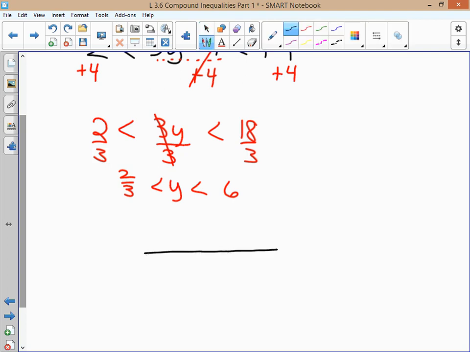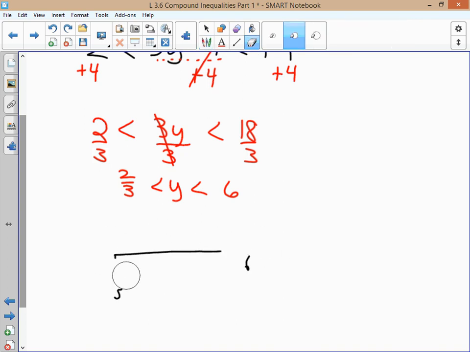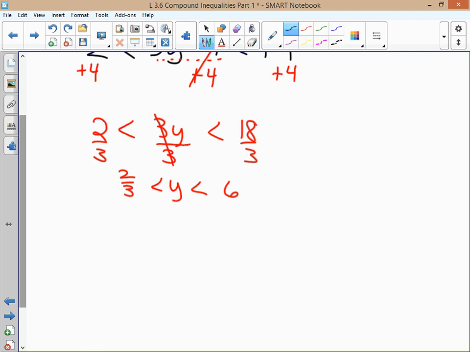Again, you're going to graph these. And you're not going to just throw 2/3 on a graph and 6 on a graph. In fact, we're not even going to put 2/3 on the number line. We're going to go from 0, 1, 2, 3, 4, 5, 6. Notice that I only wrote every other number, just the even ones.